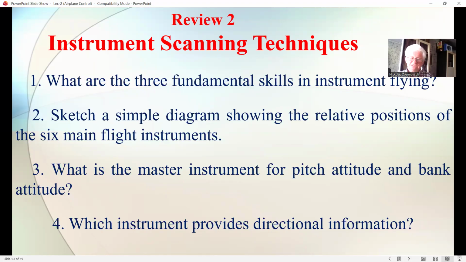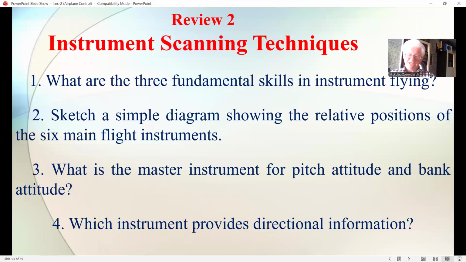Second, sketch a simple diagram showing the relative positions of the 6 main flight instruments. Third, what is the master instrument for pitch attitude and bank attitude? And fourth, which instrument provides directional information? Prepare your answers for these questions, and in the next lecture, for the beginning, I'll show you the correct ones.